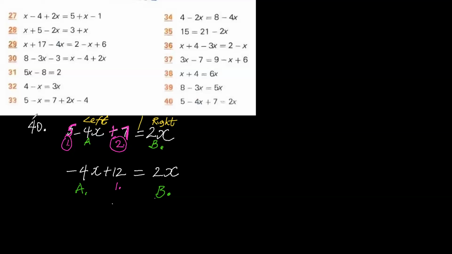So I want to put the 12 over on this side. So negative 4x equals to 2x. What would I write now for the 12?